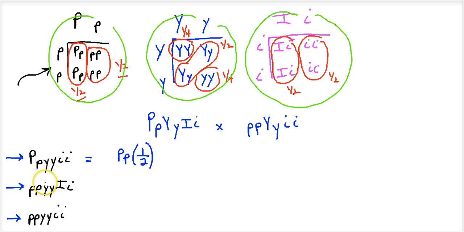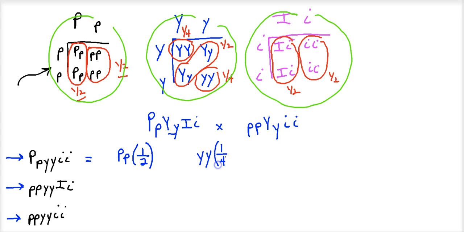Now, I'm going to look at the chance, which is totally independent of P and P. That's the independent assortment law that Mendel came up with. And what is the chance of Y and Y coming together? Well, notice this is 1/4. You can see that 1 out of 4 possibilities with these 2 sets of alleles.